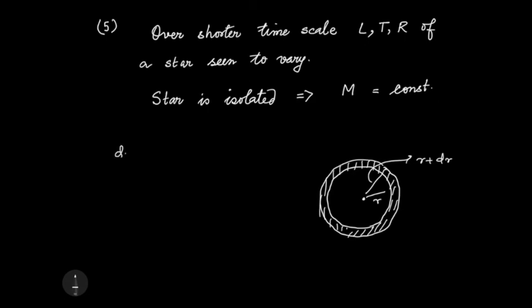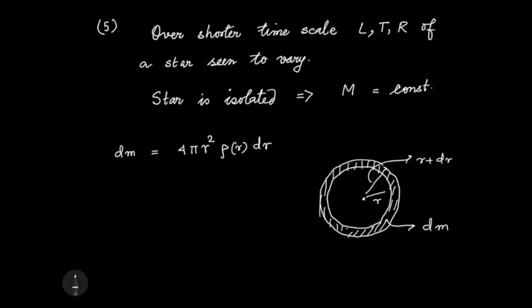So what we do is, we know that the mass inside this region can be written, spherically symmetric, as 4 pi r square rho in that region times dr.